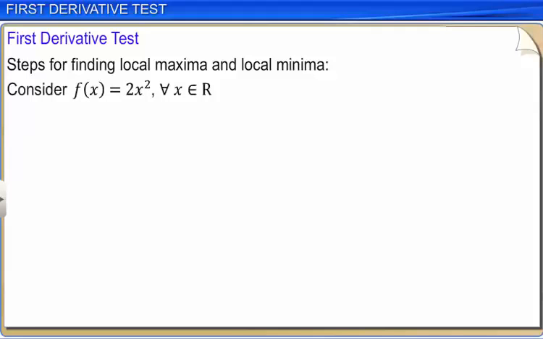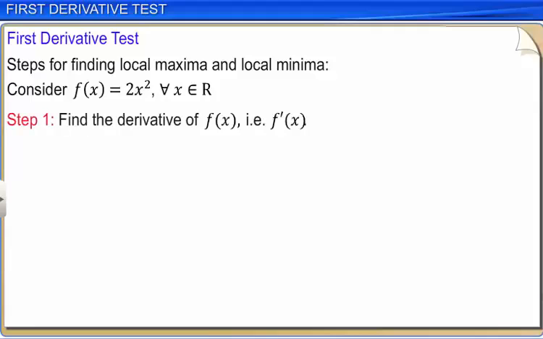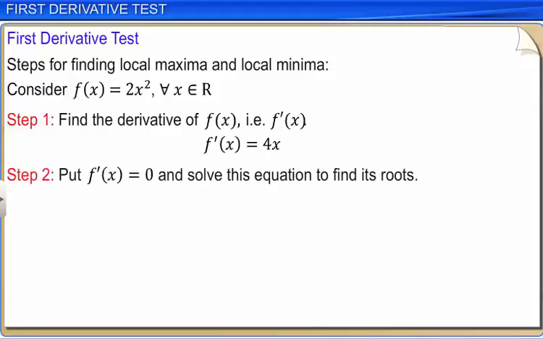The first step is to find the derivative of the function f of x. The derivative of the function f of x with respect to x is equal to 4x. After finding the derivative, we equate it to 0 and solve it for the roots of f dash x equal to 0.